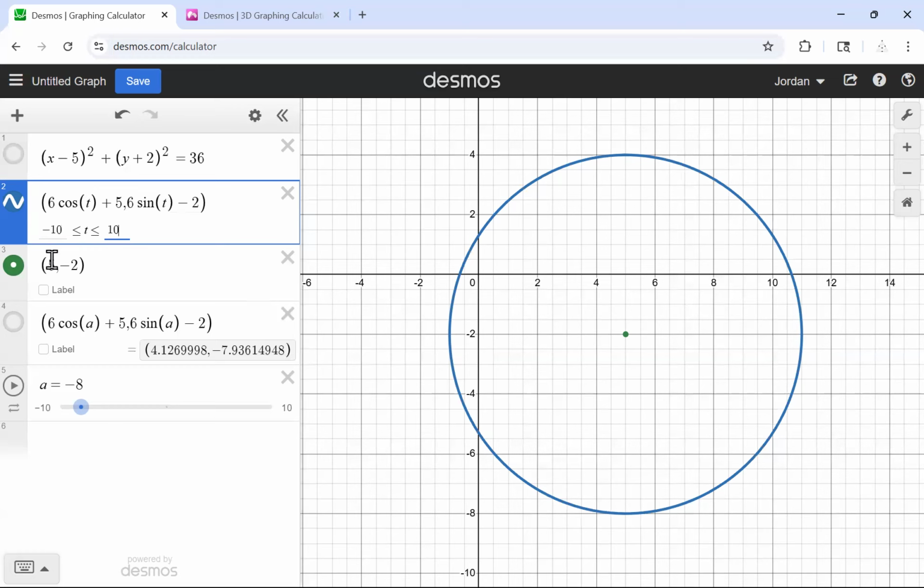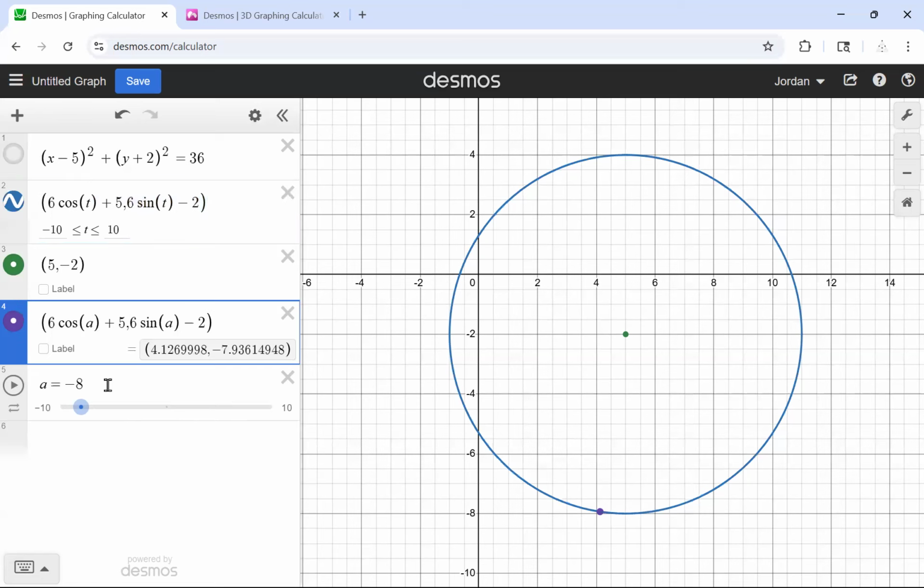One thing I like to do on occasions with parametrics is copy this parametric point and then instead of putting in a t, just put in an arbitrary value, like a variable value. We'll call it a for this case.